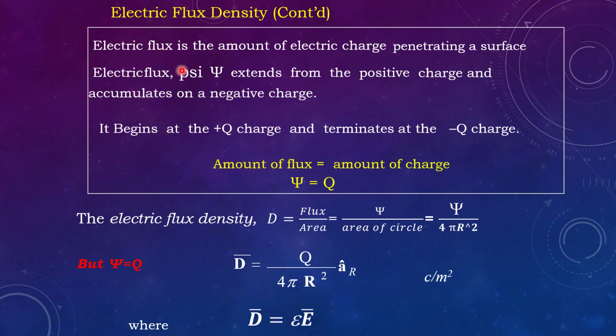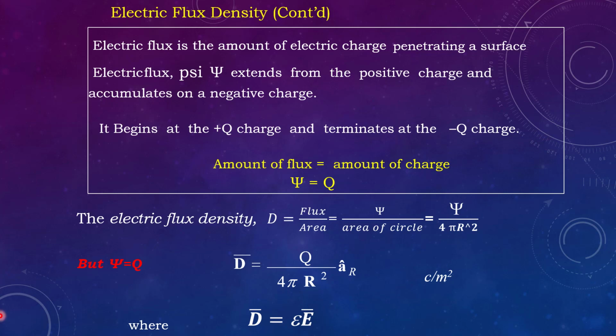The electric flux is the amount of electric charge penetrating a surface, and it is indicated by the letter psi. It starts from a positive charge and accumulates on a negative charge. What is flux? It is a displacement of electric charge. It begins at a plus q charge and it terminates on a minus q charge.